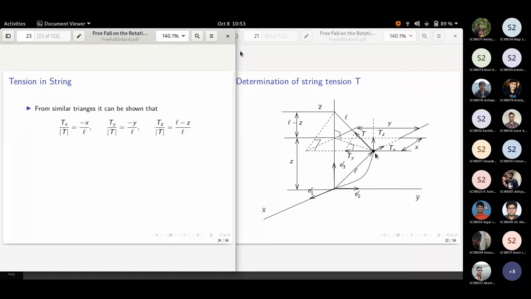Okay, so actually the pendulum is above at this location, and this is the location of the pendulum, which is your z coordinate.